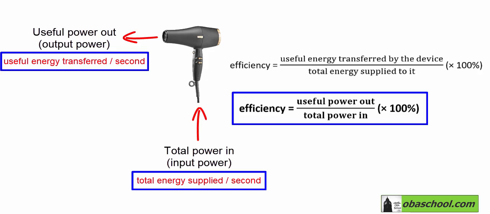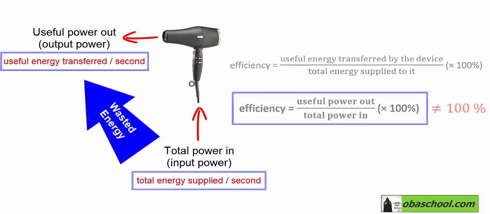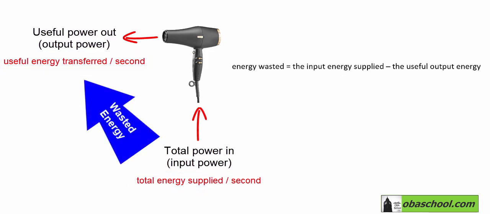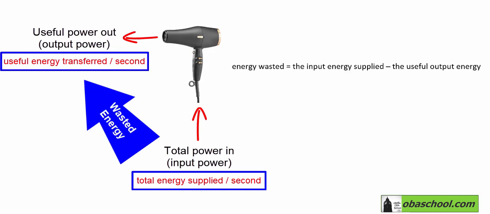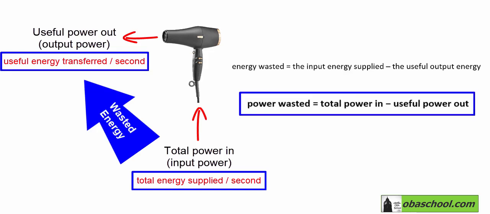And for sure, in any energy transfer, the efficiency cannot be 100% because there will always be wasted energy, which is the input energy supplied minus the useful output energy. And again, since power is energy transferred per second, we can state that power wasted is equal to the total power in minus the useful power out.